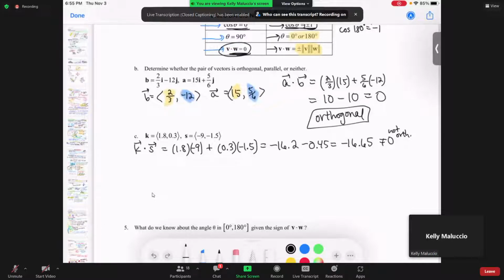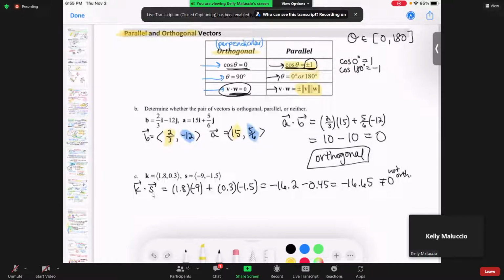I don't know which it is, but you have a few options here. You could try to figure out what cosine of theta or theta is. Is it 0 or 180? However, I'm realizing the easier way is to use this third equation.